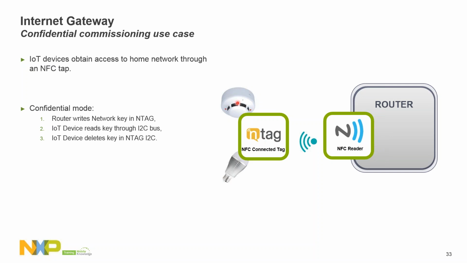Then the IoT device reads the network credentials through the I2C bus of the NTAG I2C, establishes the connection, whatever technology is required, and then deletes the network key over the EEPROM through the NTAG I2C bus. So, a simple and convenient way to achieve a confidential and secure pairing against the home network through NFC technology.